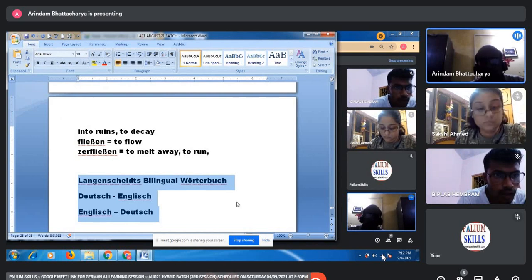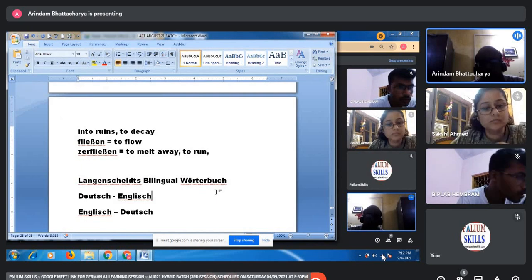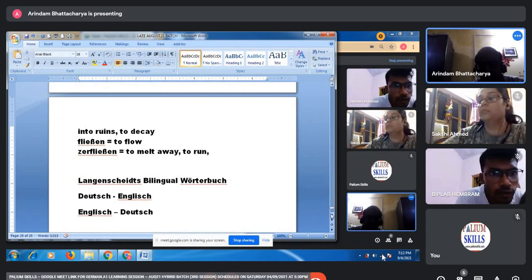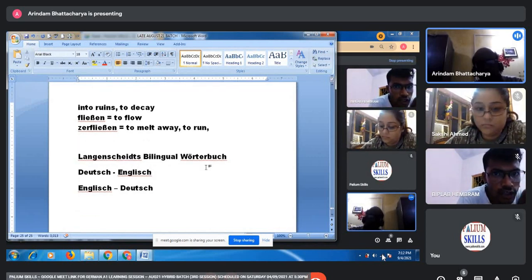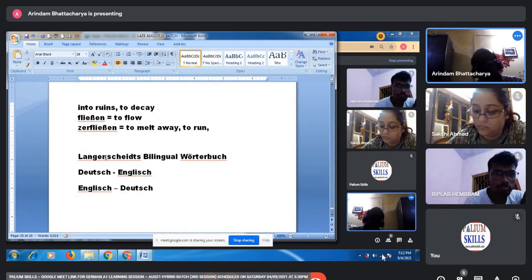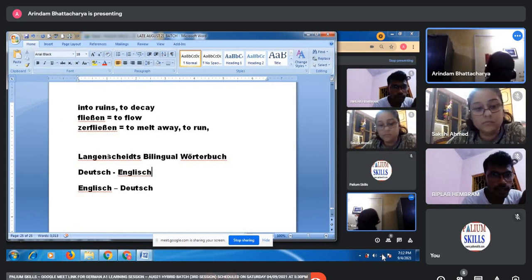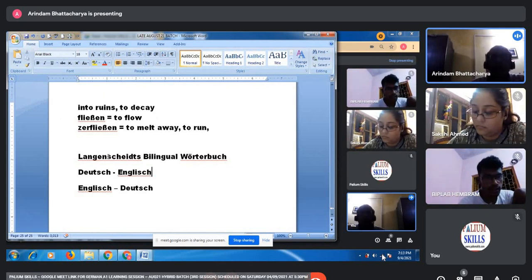This is your dictionary, the Bilingual Wörterbuch. Wörterbuch means dictionary. Over here it will be written like this: Langenscheidt. Langenscheidt is the name of the publisher. The yellow one, and this is the lowest cost one. Bilingual Wörterbuch, Deutsch-English, English-Deutsch.